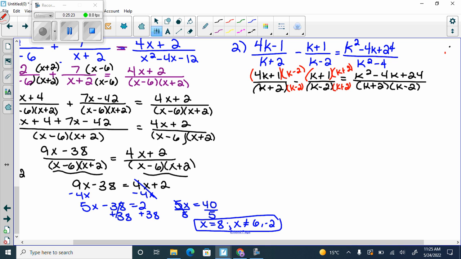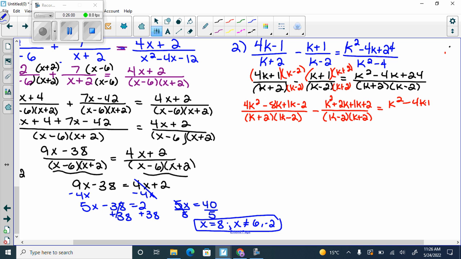So we're going to get 4k squared minus 8k plus 1k minus 2, all over k plus 2, k minus 2, minus k squared plus 2k plus 1k plus 2, all over k plus 2, k minus 2, equals k squared minus 4k plus 24 over k minus 2, k plus 2.